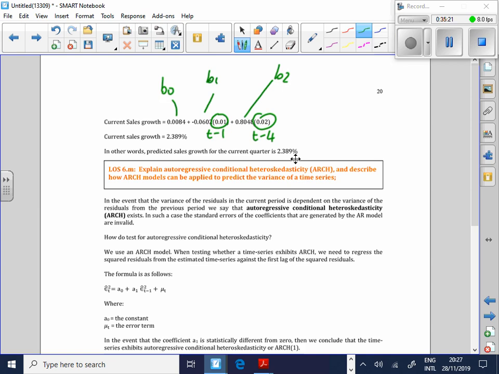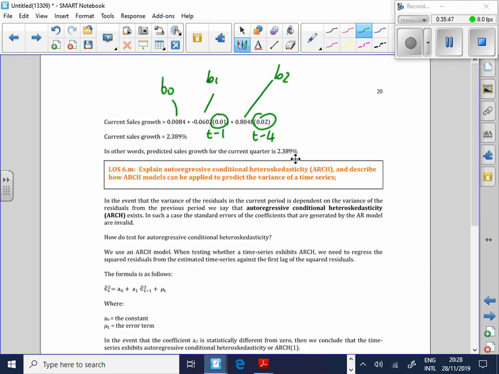We call it an ARCH model, an autoregressive conditional, and it's not homoskedastic, is it? It is hetero. Hetero is bad. Heteroskedasticity. In such a case, the standard errors generated by an ARCH model would be invalid.